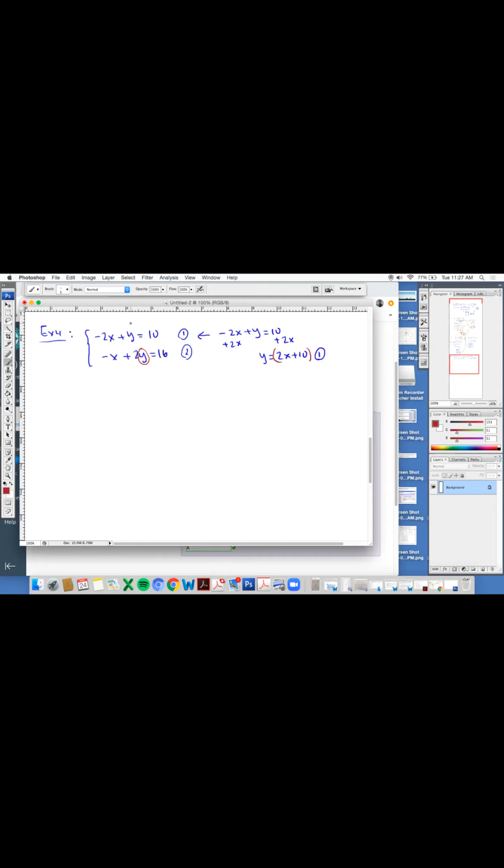So you kind of want to combine the two equations together. Okay, so now I'm going to take equation 2 and rewrite it with y crossed out and replaced by this parentheses. So that's going to go there. So we have negative x plus the 2, but instead of y, I have the parentheses, negative 2x plus 10, and then the 16.